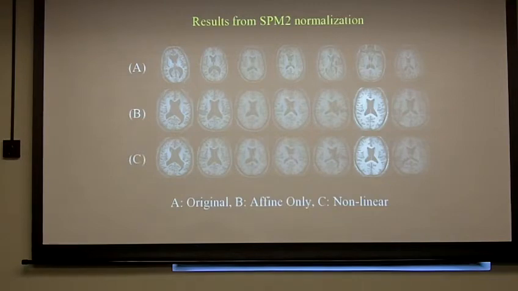And row A shows original images, 7 patient images, and row B shows the same individuals that went through affine-only normalization, and row C shows the images after nonlinear SPM2 normalization.